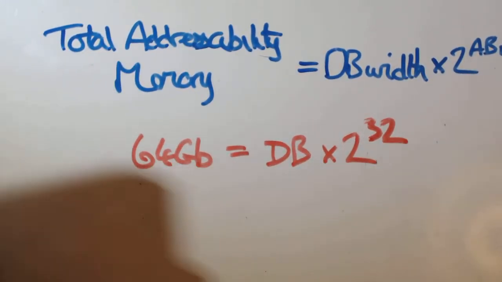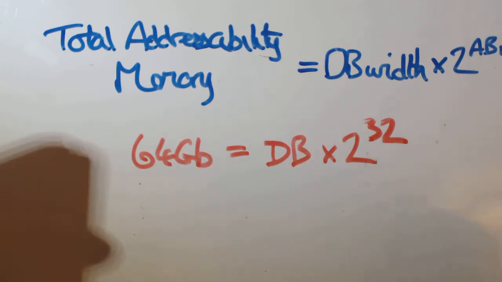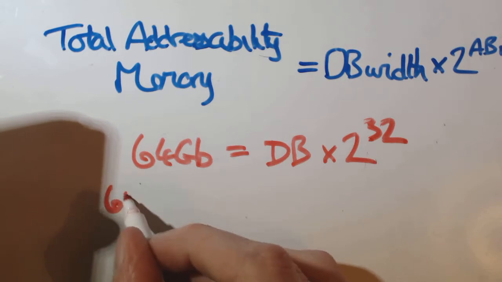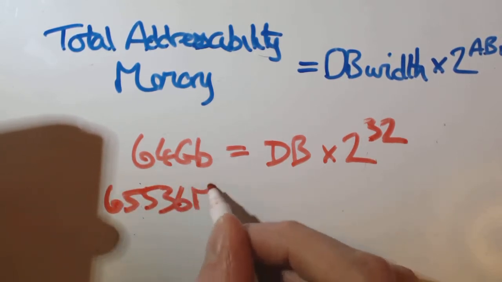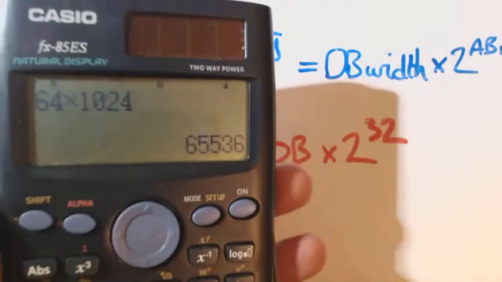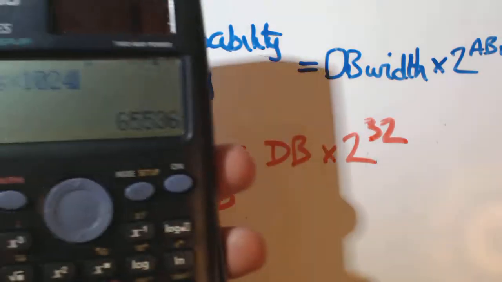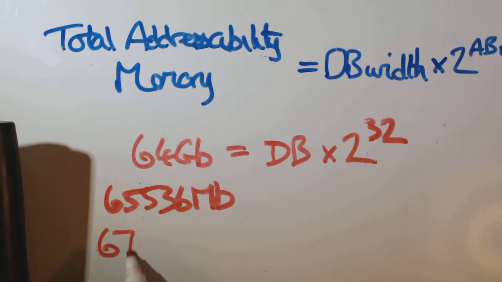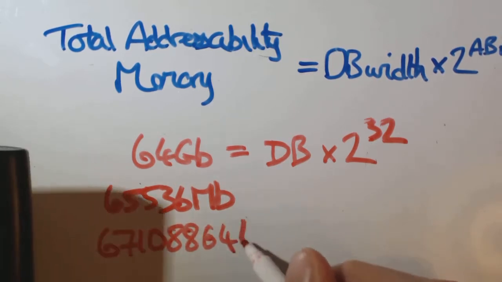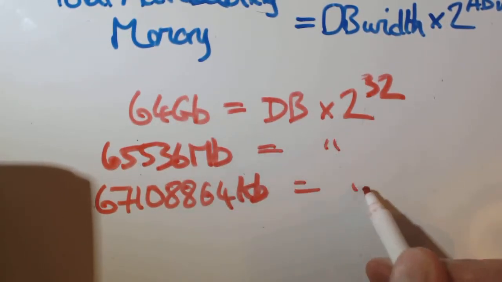So 64 times 1024, that gives you megabytes, so that's 65536 megabyte. You then times 1024, and that will give you kilobytes. So that's 67108864, and that's in kilobytes. So obviously that still equals all this.